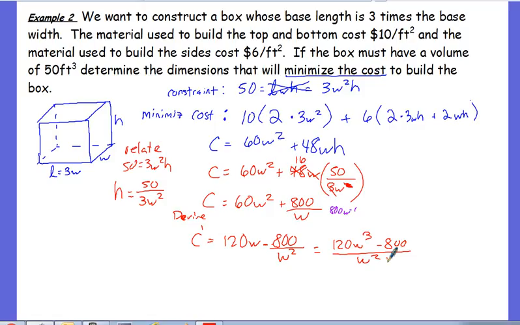Right? And then now, if this is equal to 0, okay? I'm kind of running out of room on my board. You're going to just have to go to another sheet of paper. So here's what I have. I have 120W cubed minus 800 over W squared equals 0.